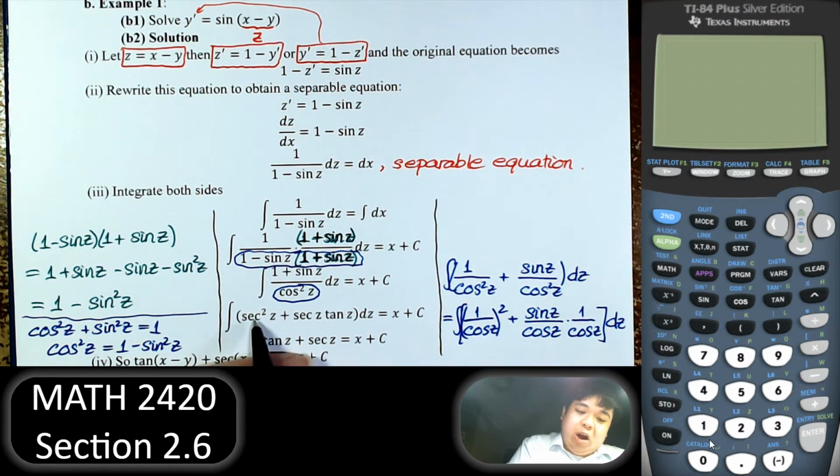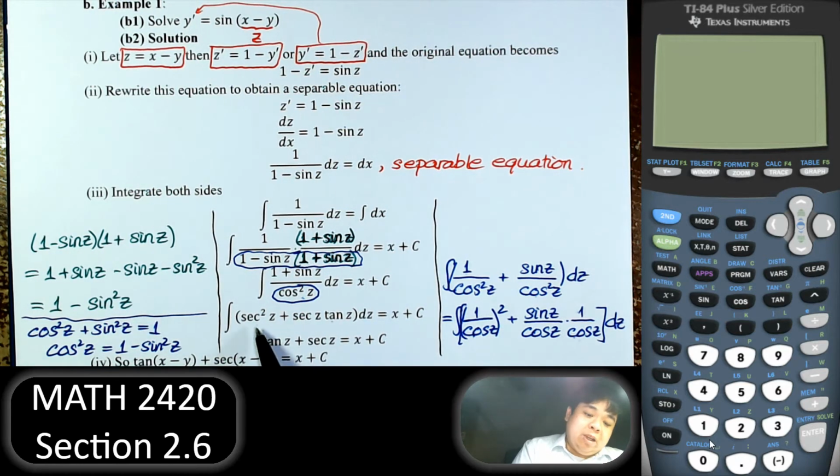So we write 1 over cosine square as that, and sine z over cosine square we write as sine over cosine and 1 over cosine. Sine over cosine is tangent, 1 over cosine is secant, so we have secant square and secant tangent. Integral of secant square is tangent, integral of secant tangent is secant, and that's what we have.